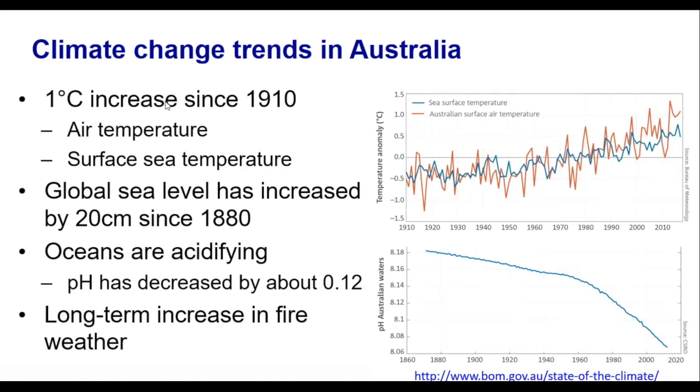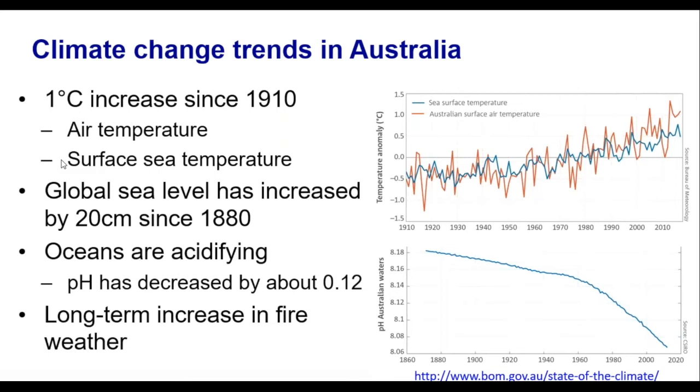So this is the sort of thing that's been happening in the last 100 years or so, since we've been having fairly good records of climate data. So there's been a 1 degree increase since 1910 in air temperature and surface sea temperature.